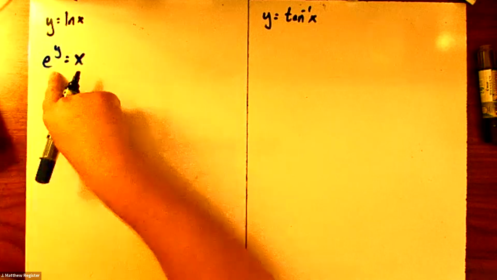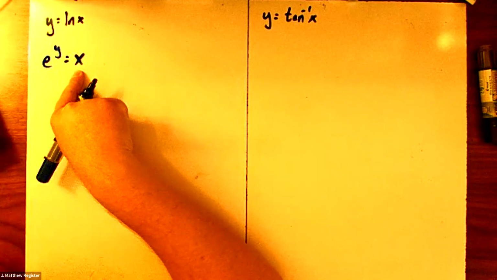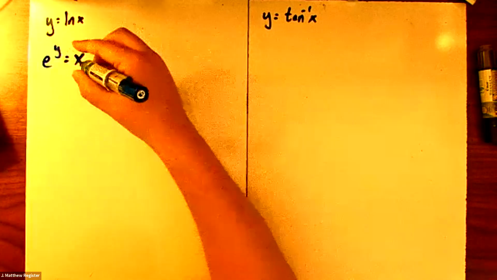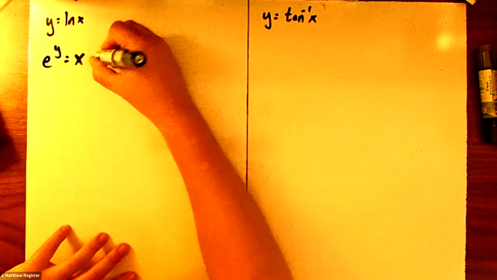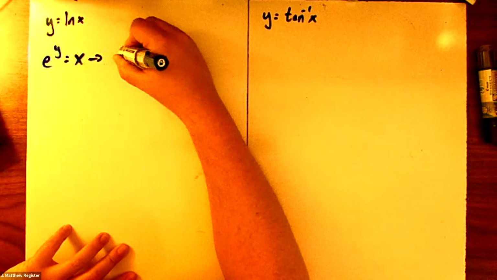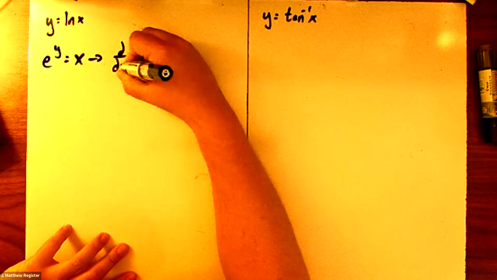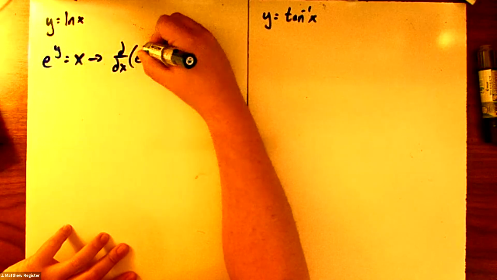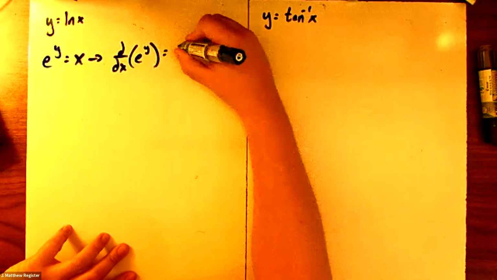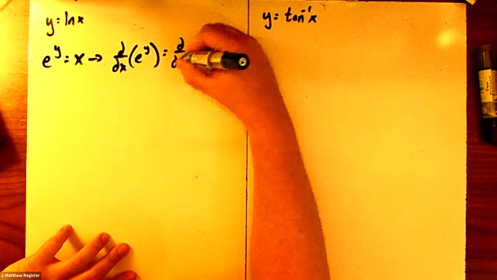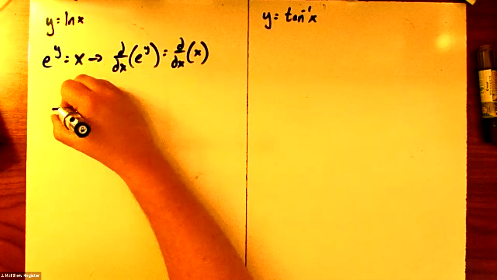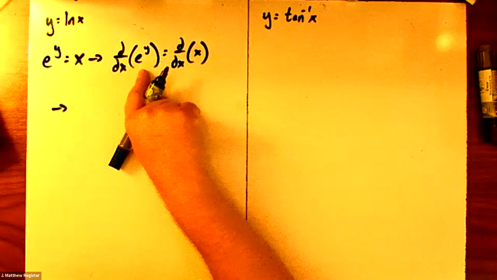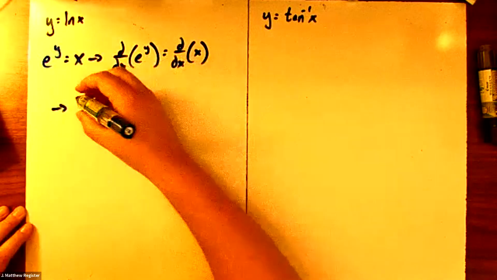If we take the derivative of this thing with respect to x, let's actually just write that out real quick so I can show you what that step looks like. We would say d dx of e to the y equals d dx of x. Well, the derivative of e to the y is going to be e to the y.